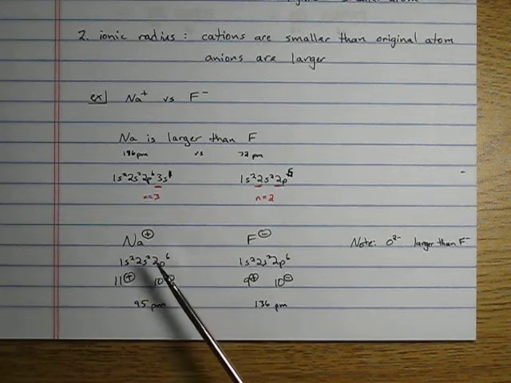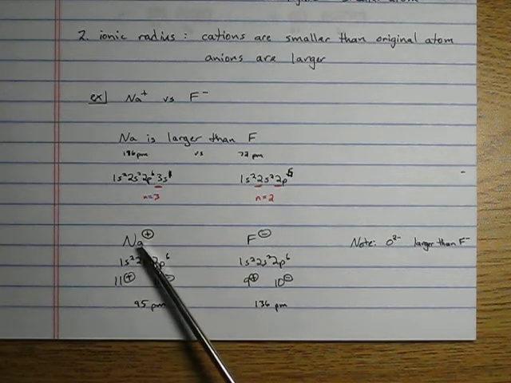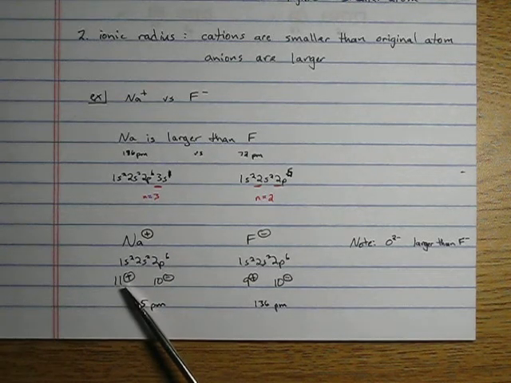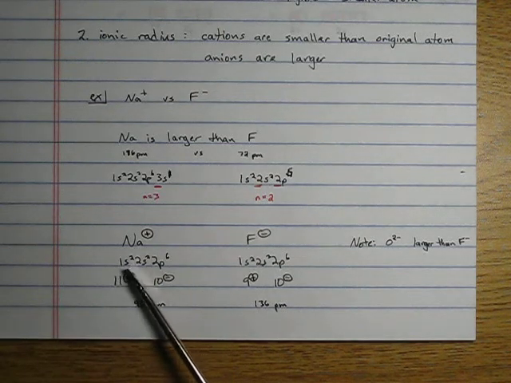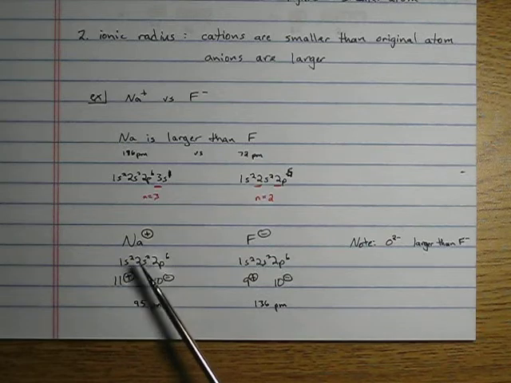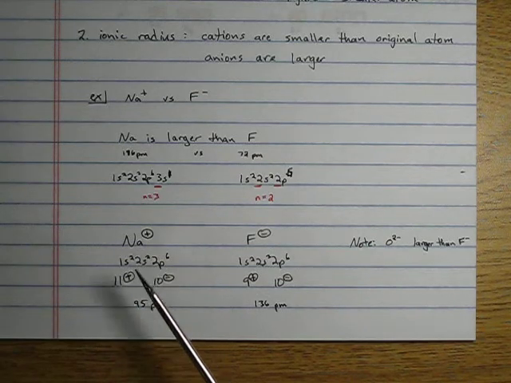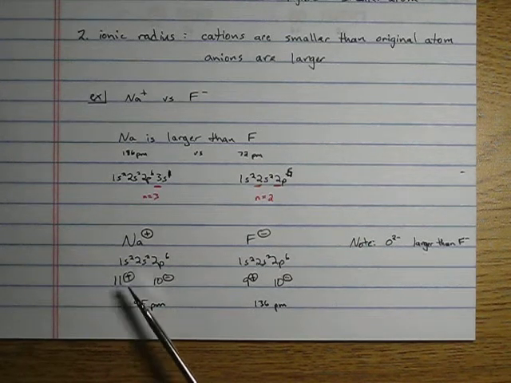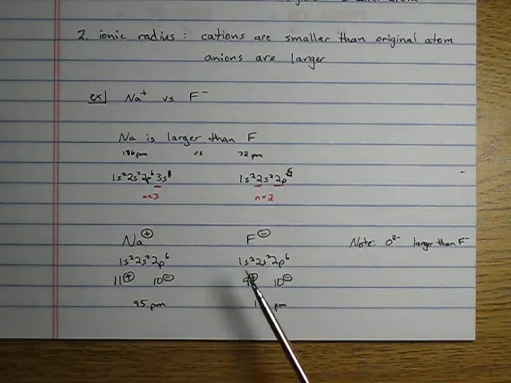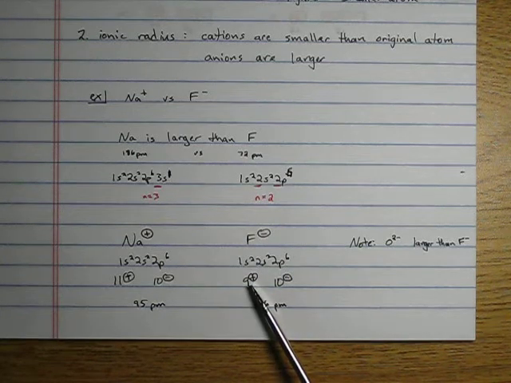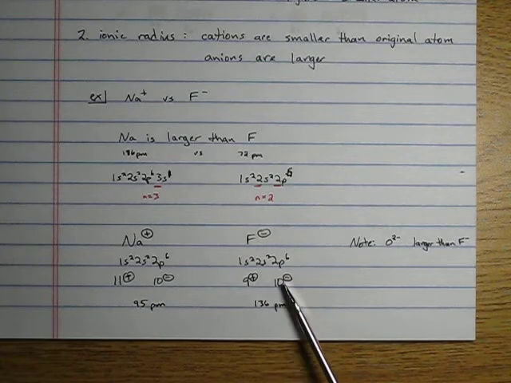But there's a difference. The sodium has 11 protons in the nucleus. And when we look at the number of electrons, the sodium cation has 11 protons in the nucleus and 10 electrons floating around. The fluoride anion only has 9 protons in the nucleus because the atomic number of fluorine is 9, but it also has 10 electrons.